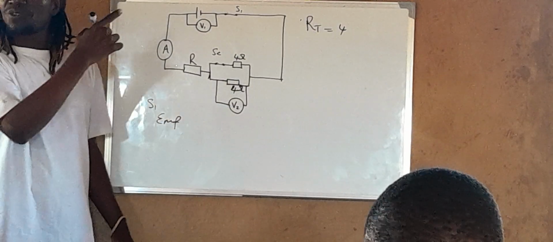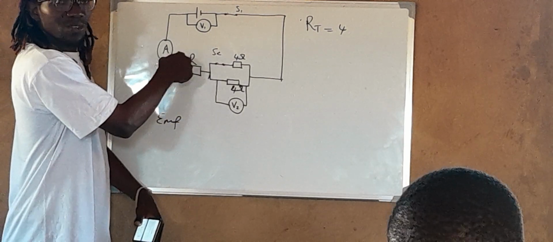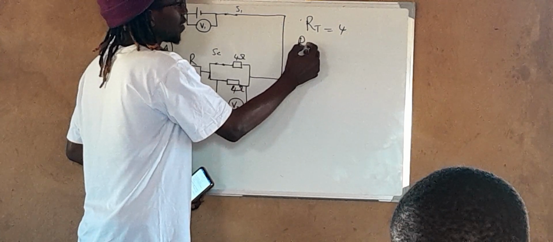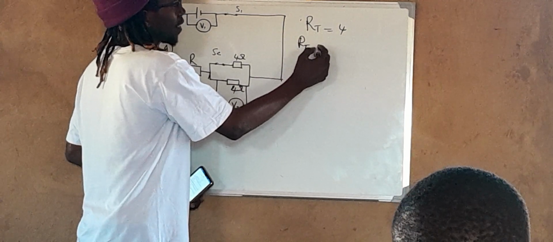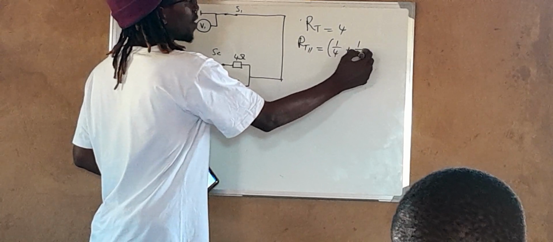But how do we find the total resistance? At first we must add this with this. So firstly we find the resistance in parallel, which is 1 over 4 plus 1 over 4.